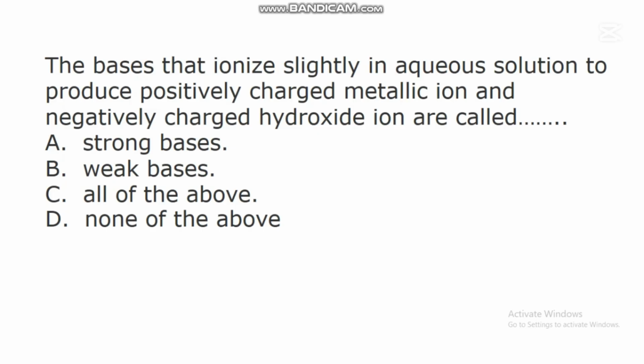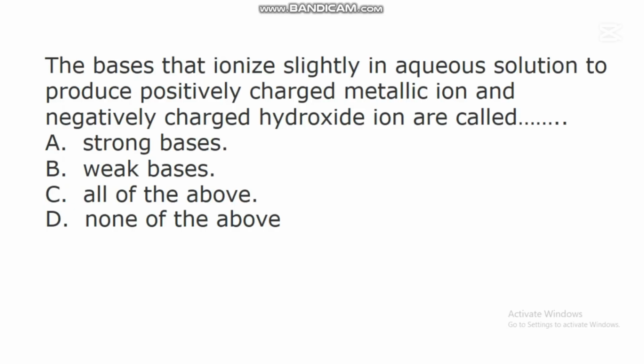The next question says, the bases that ionize slightly in aqueous solution to produce positively charged metallic ion and negatively charged hydroxide ion are called dash. A. Strong bases. B. Weak bases. C. All of the above. D. None of the above.